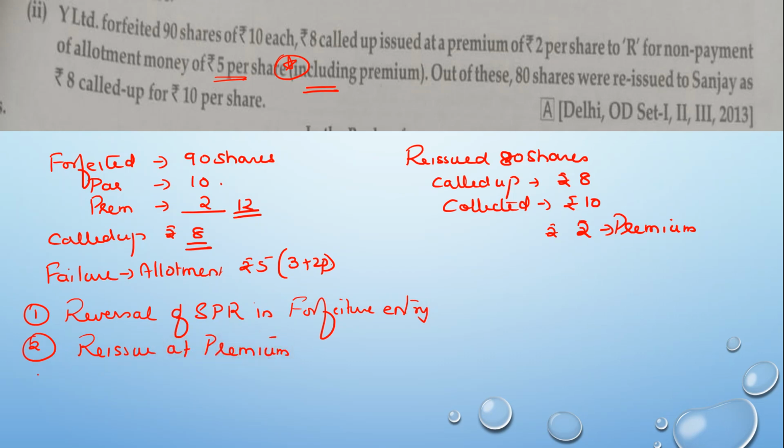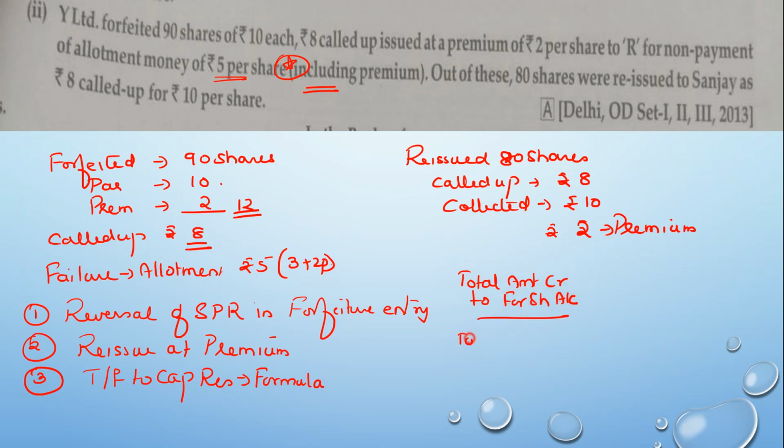And the third point that you have to note is that for transfer to capital reserve, you should use that formula to calculate the proportionate amount. The formula is total amount credited to forfeited share account divided by total number of shares forfeited into number of shares reissued.